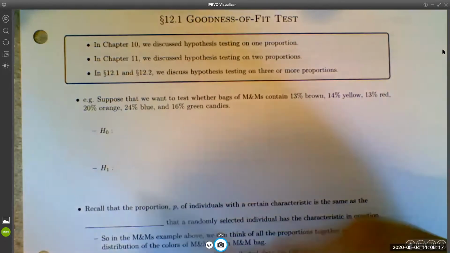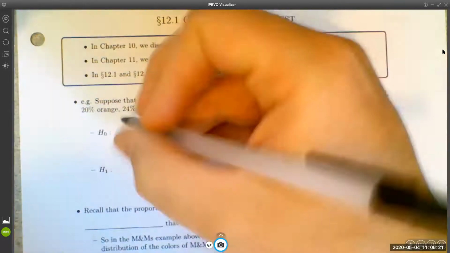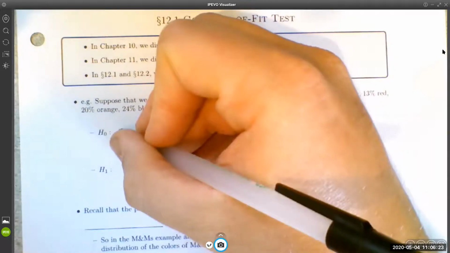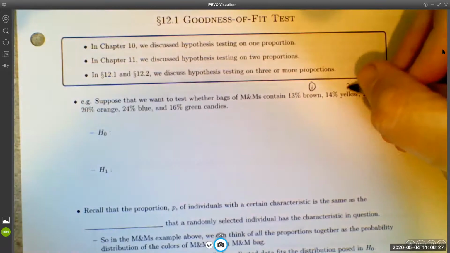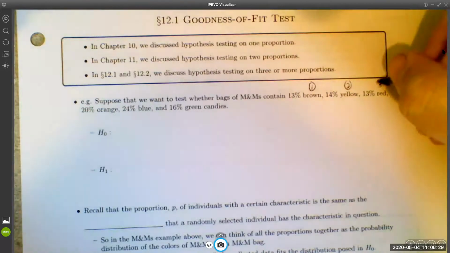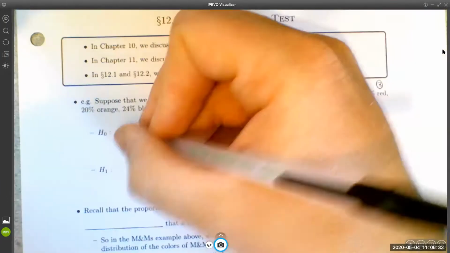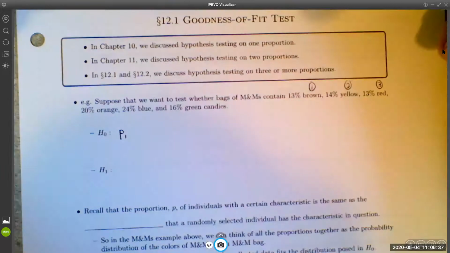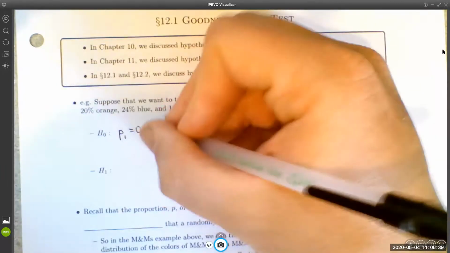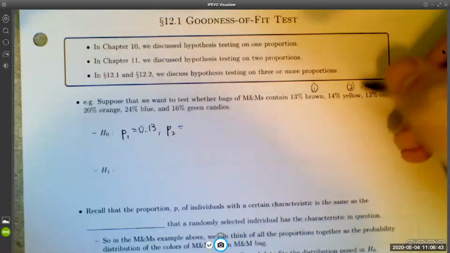The null and alternative hypotheses here, if we're trying to test this claim: if I'm thinking of the brown candies as group 1 and the yellow candies as group 2 and the red candies as group 3 and so forth, then the null hypothesis would be that the proportion of candies that are brown is 13%. Proportion of candies that are yellow is 14%.